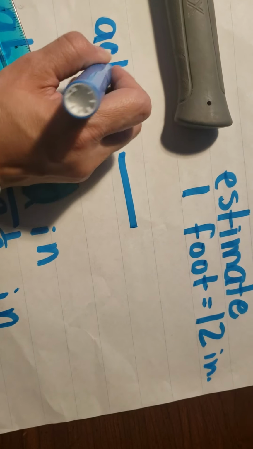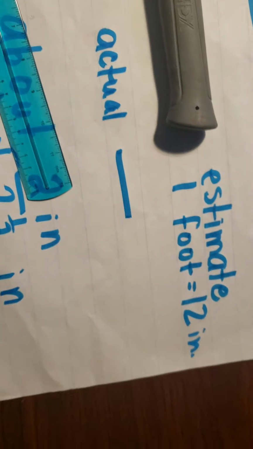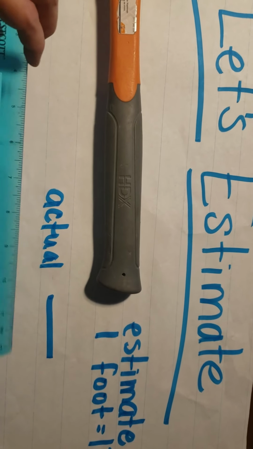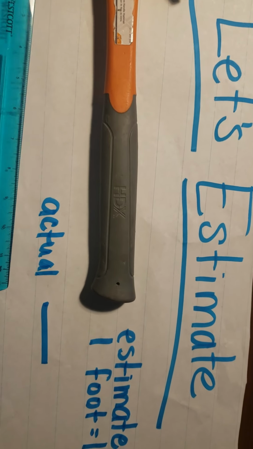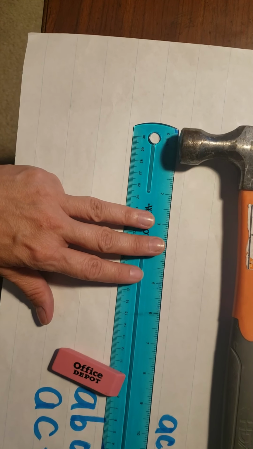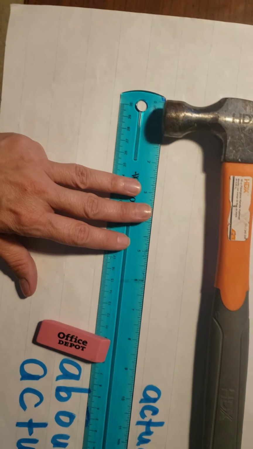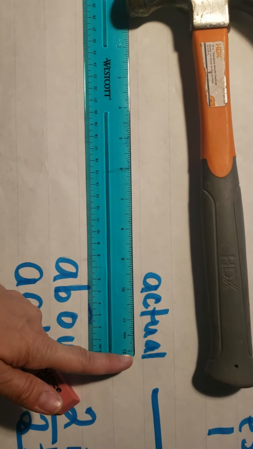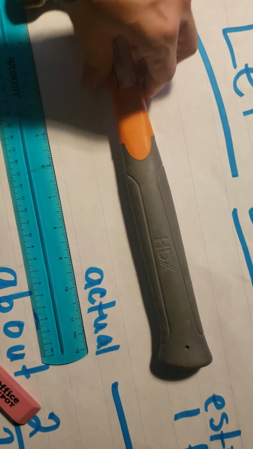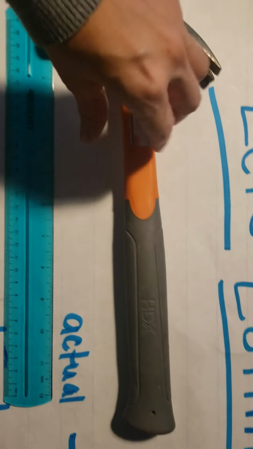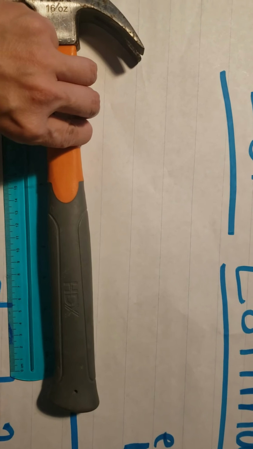So this is the actual, and this is the estimated or the approximate. And remember, again, we're starting at the 0 and putting it at the end of that hammer right here, starting right at the 0, lining it up. And if I go all the way down, boys and girls, it's a little bit more than a foot, right?